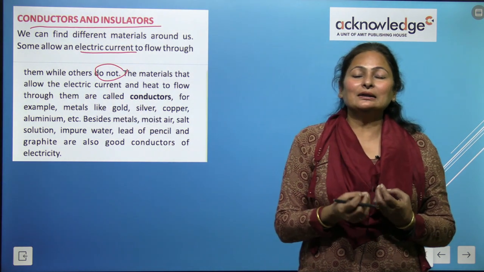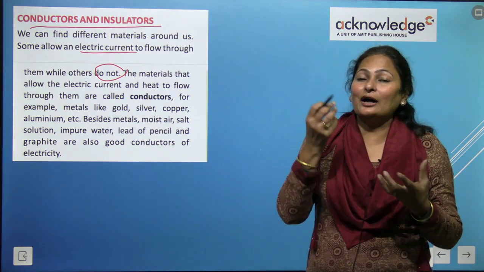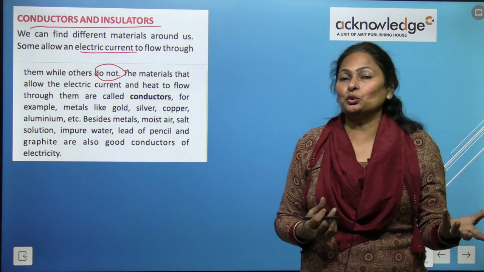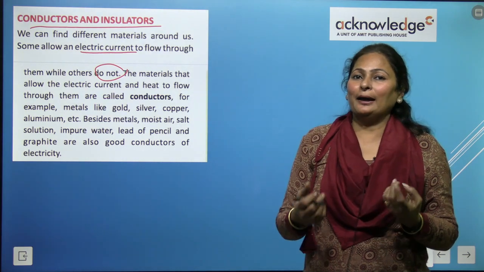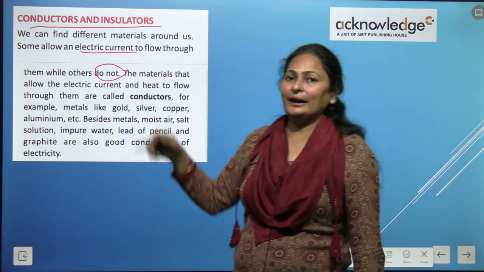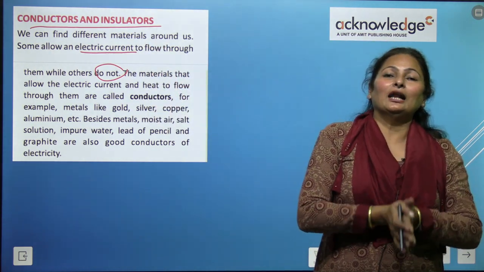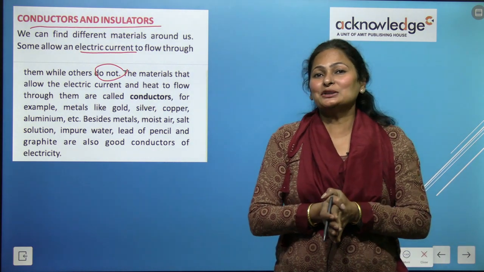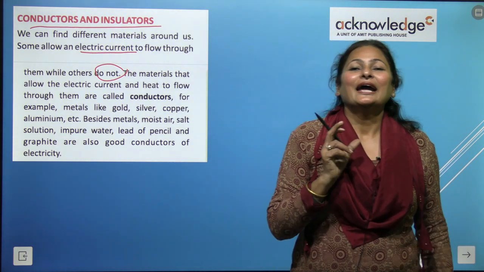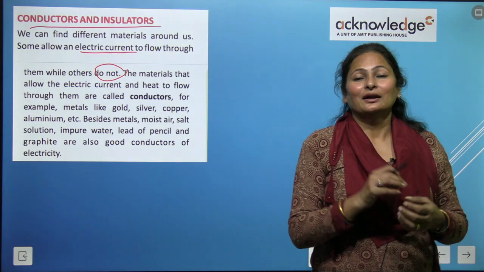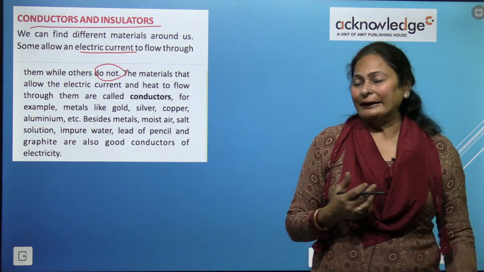The object that allows the current to pass through it is called a conductor, and the object that does not allow the current to pass through it is called an insulator. So insulators and conductors both are needed.